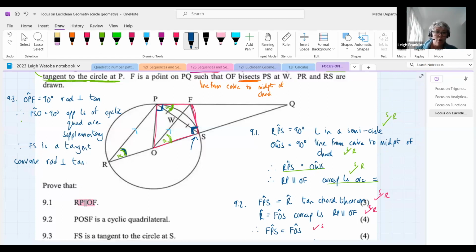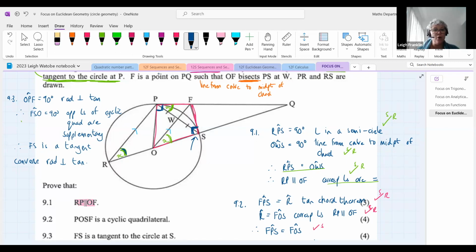So OPF is 90, radius perpendicular to tangent. The radius being OP, the tangent being PQ, we're given that. We've now proved that the quad is cyclic, the pink quad is cyclic, so angle FSO equals 90 because opposite angles of a cyclic quad are supplementary. That proves that FS is a tangent to the circle because of converse radius perpendicular to tangent.